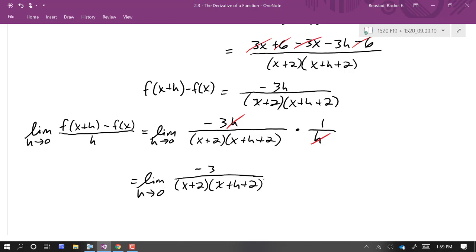You might look at this and say, well, I still have an h in the bottom, and that's true, but I don't have a factor of h in the bottom. This h being 0 is not a problem here, right? That doesn't make me divide by 0.